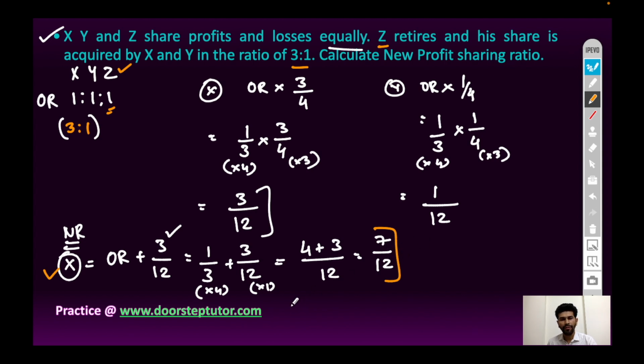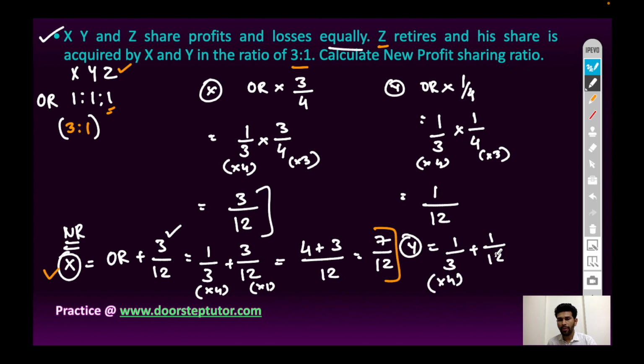Similarly, for Mr. Y, old ratio plus additional share. Old ratio is 1/3 plus additional share is 1/12.